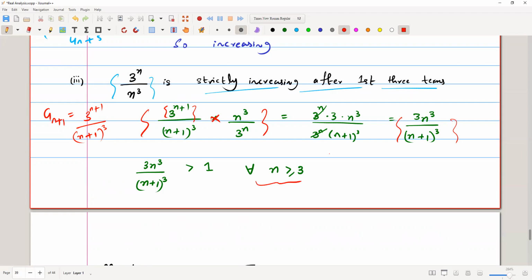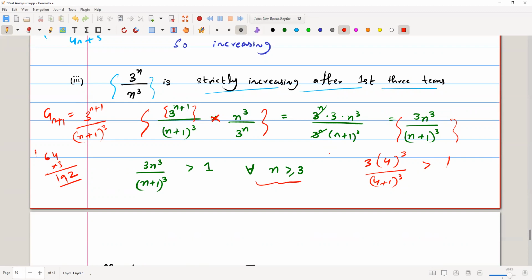And we can check this, let's say we apply n equals 4. So it will be 4 plus 1 cubed. And we can check that this number is going to be greater than 1. So 4 cubed is 64, and 64 times 3 is 192, and 4 plus 1, 5 cubed is 125.